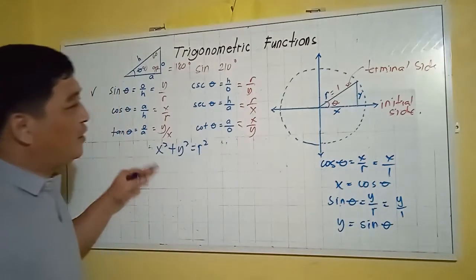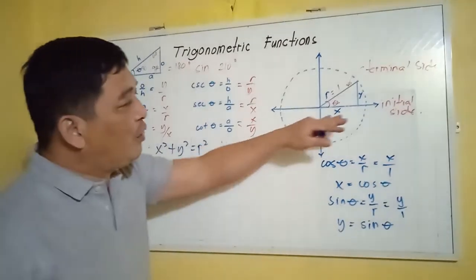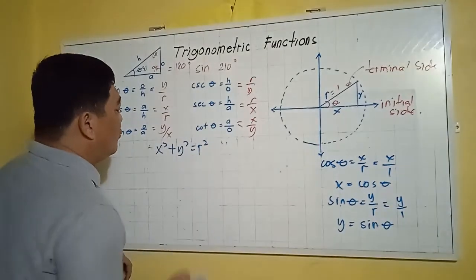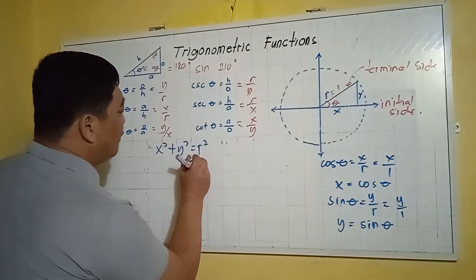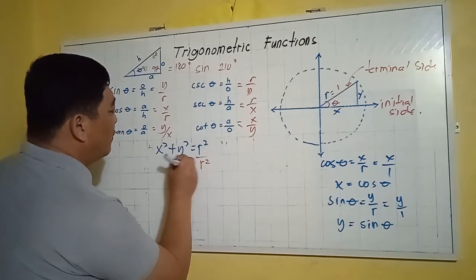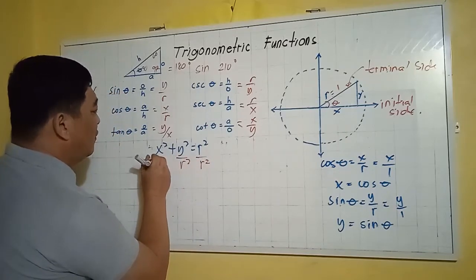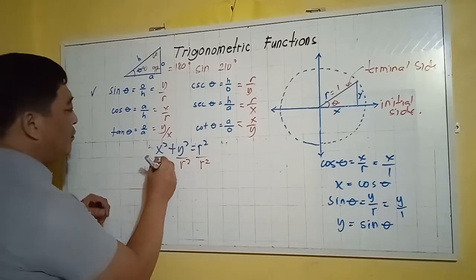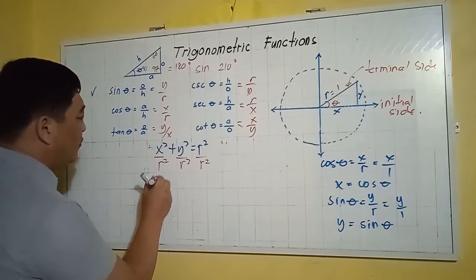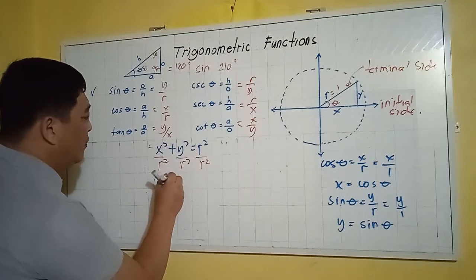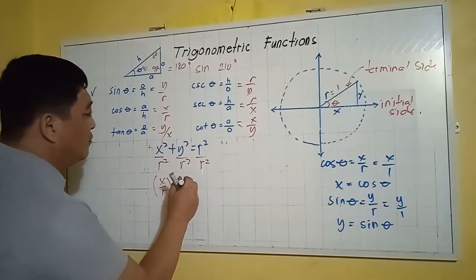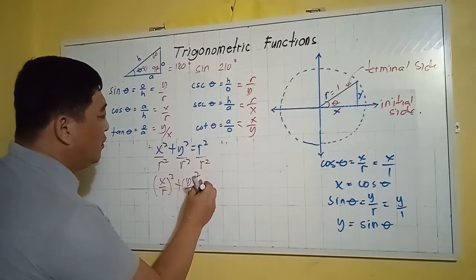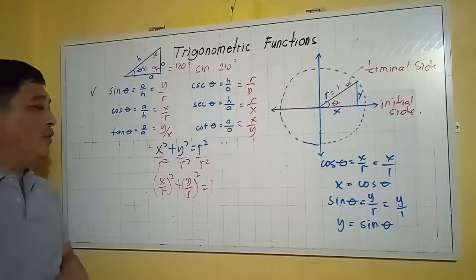And then we have this. If we are going to divide all of this term by r square, we have x over r square plus y over r square is equals to 1.